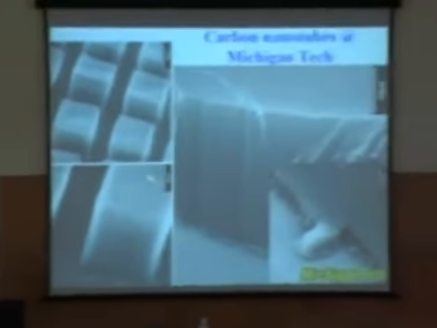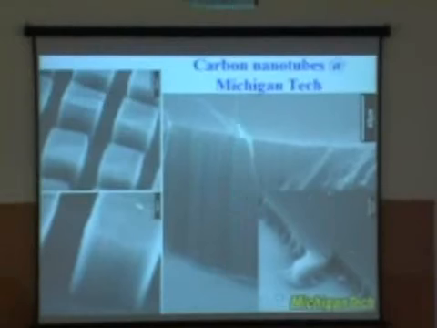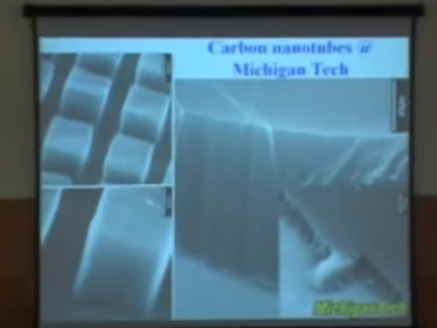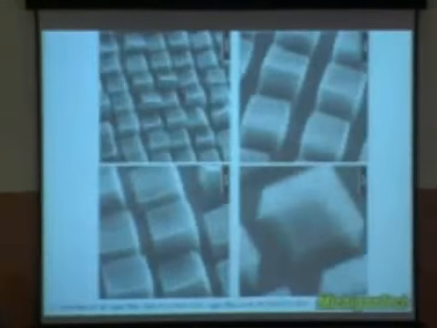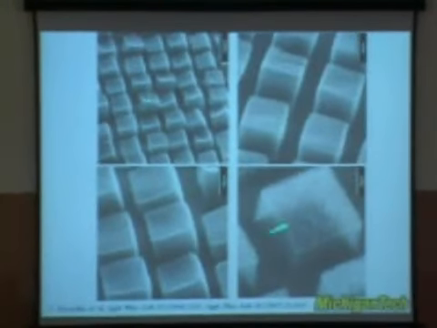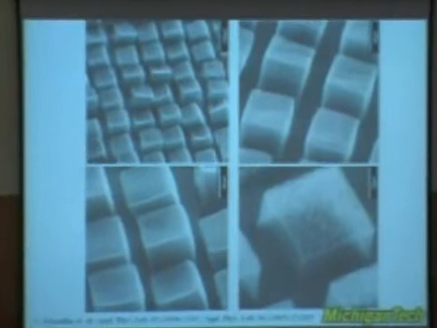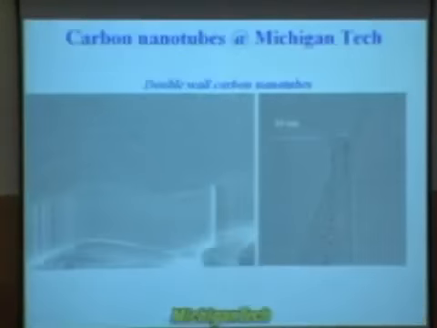It looks like this. You can see that all the tubes are vertically aligned from the substrate, and each fine structure that you see has hundreds or thousands of nanotubes inside. These are multi-wall tubes, and you can form New York City if you want, with all the nice blocks of buildings.